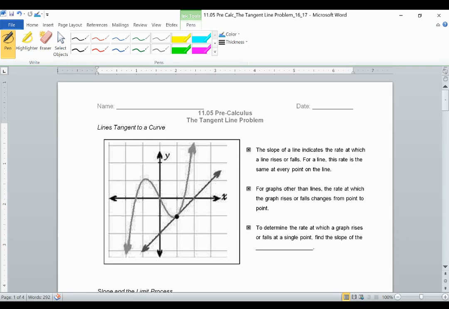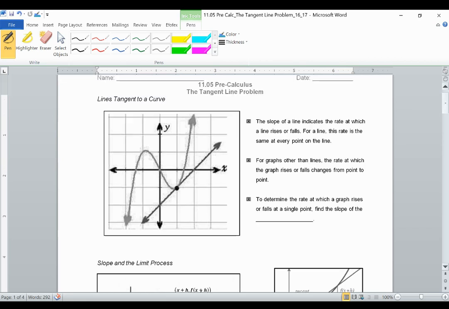So we're going to start today's notes with a little talking about the concept, because this topic we're talking about, which is derivatives, is really, really important for calculus. If you continue on in calculus next year or at some point in the near future, this is a really important topic to know and understand.